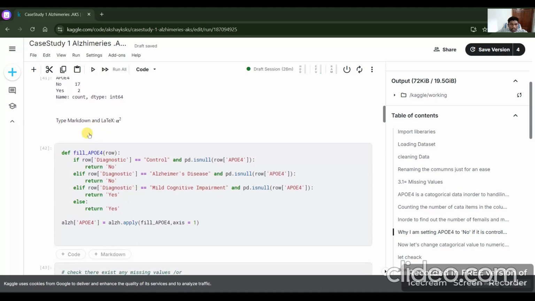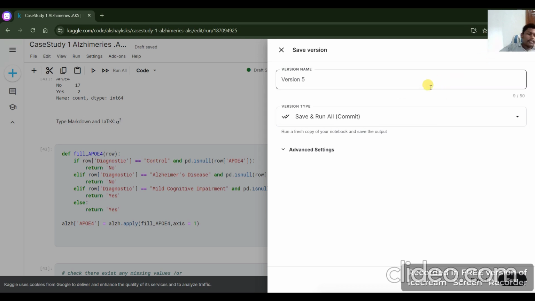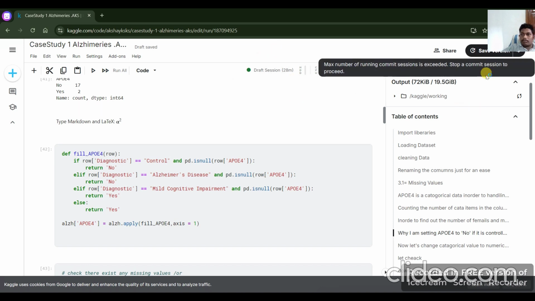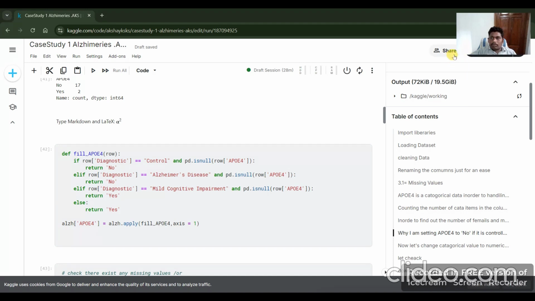Then define fill APOE4 row: if row diagnostics is equal to control and pd dot isnull row APOE4, return no; elif row diagnostics is equal to Alzheimer's disease and pd dot isnull row APOE4, return no; elif diagnostics is mild cognitive impairment and pd isnull row APOE4, return yes; else return the APOE4 value.